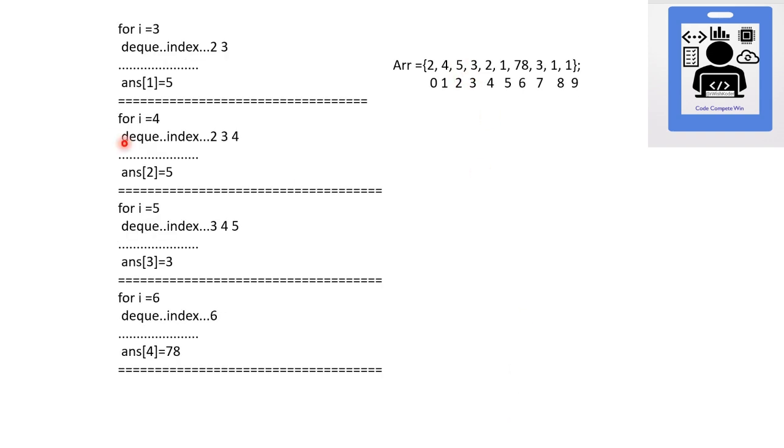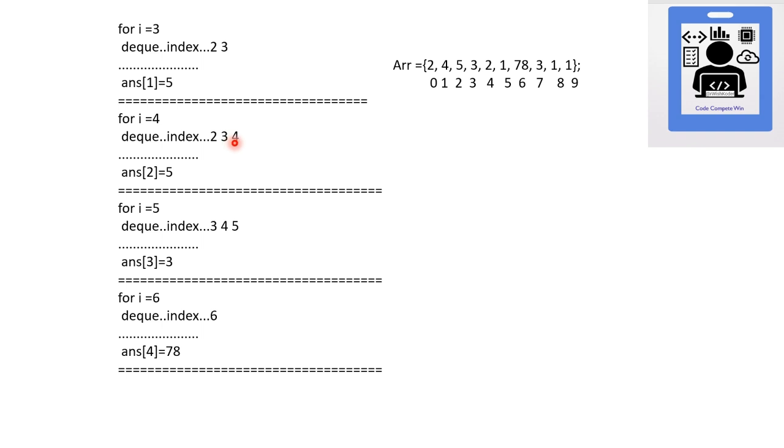For i equals 4, again we remove the element from the back of the deque if the value present at index deque dot back is less than the value present at index i.